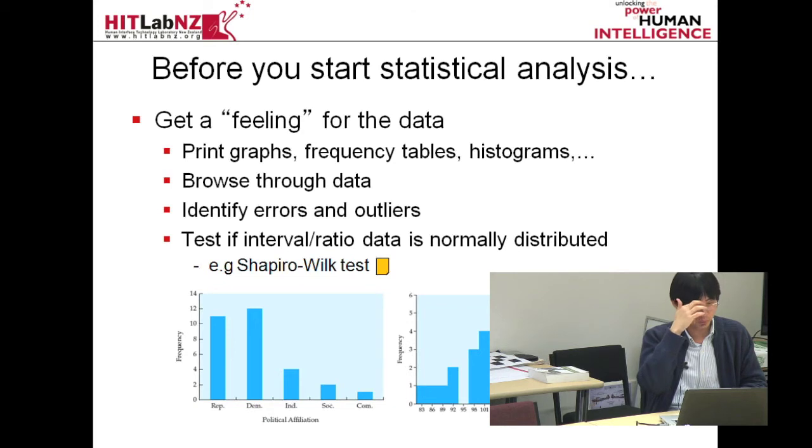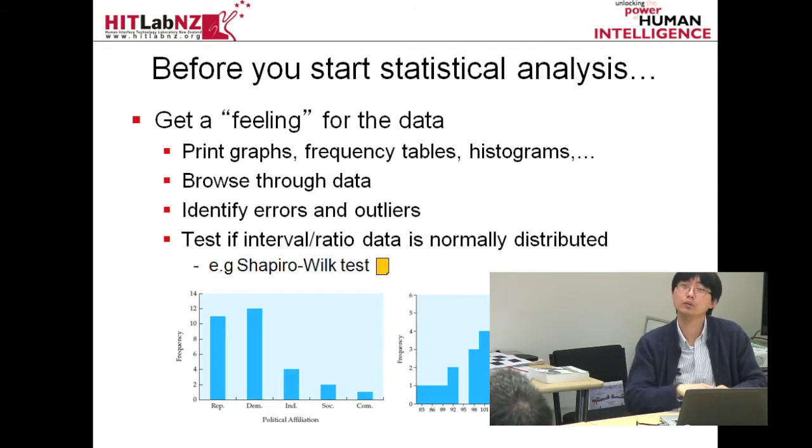But before you start doing the inferential statistical analysis, it's better to get a feeling for the data. In many cases, it's better to look at the descriptive statistics first, so you can get a feeling of what kind of conclusion you'll be reaching.